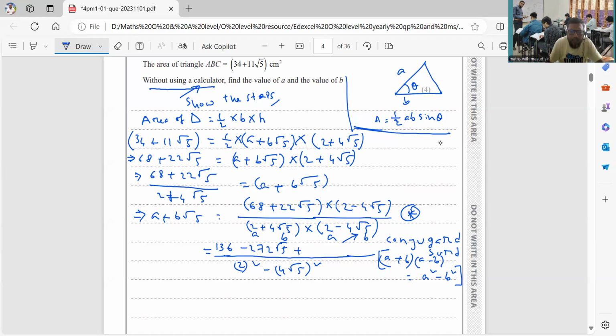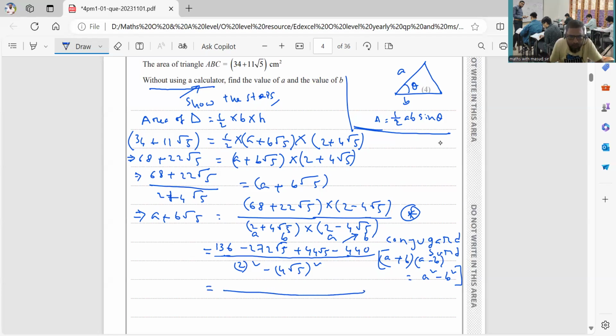Okay. Plus now 22 root 5 multiply 2, it will be 44 root 5. And minus 22 root 5 multiply 4 root 5, it will be 440, minus 440. Hopefully you will get the answer by calculator.